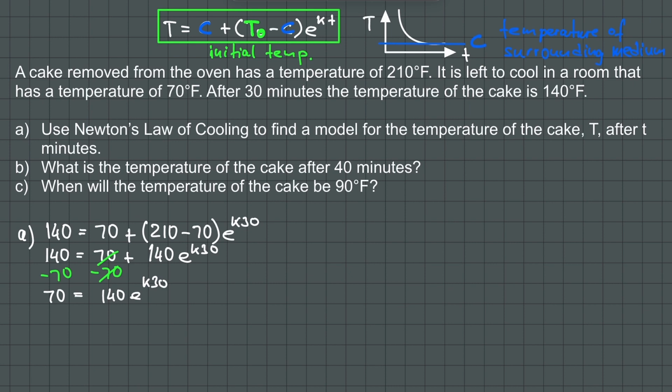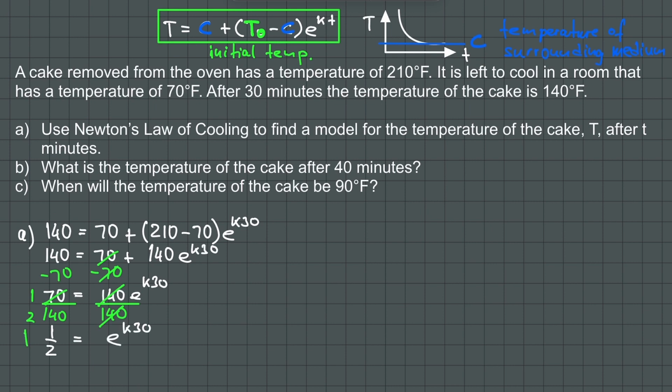Now we are going to isolate the exponential factor by dividing both sides by 140. 70 divided by 140 is 1/2, because 70 divided by 70 is 1, and 140 divided by 70 is 2. And 140 divided by 140 is 1, so what's left over on the right side is e raised to the power of k times 30.